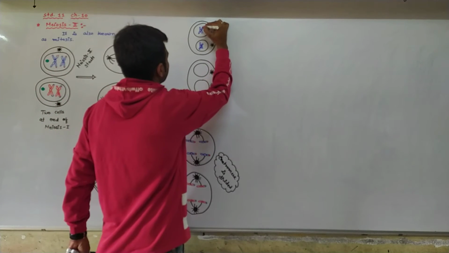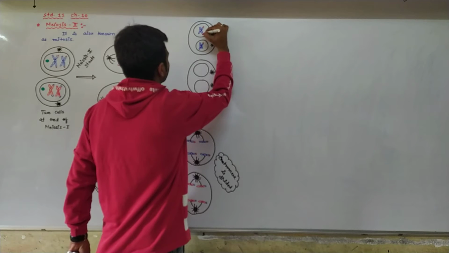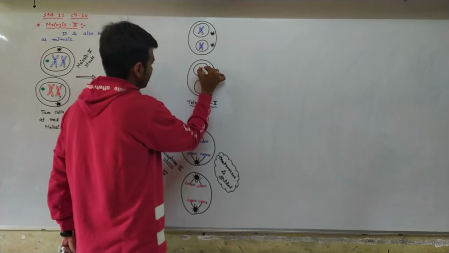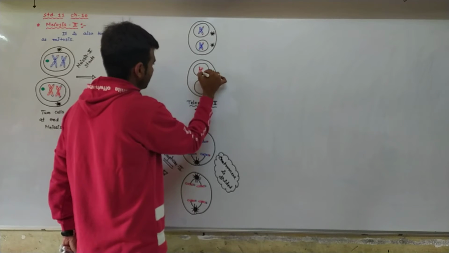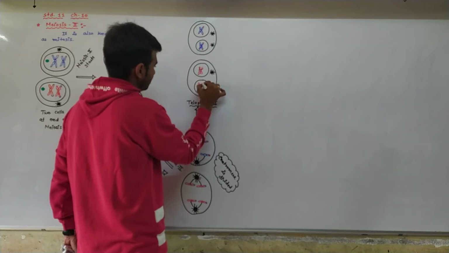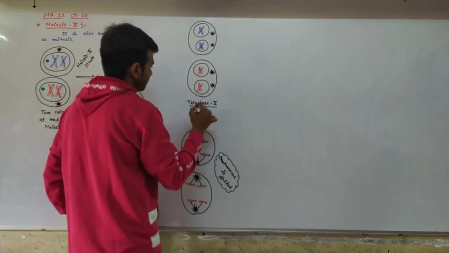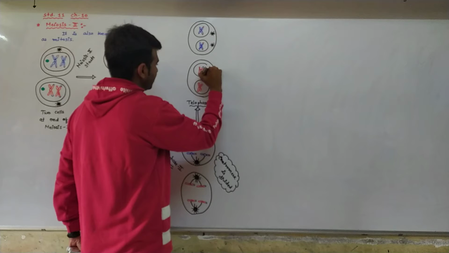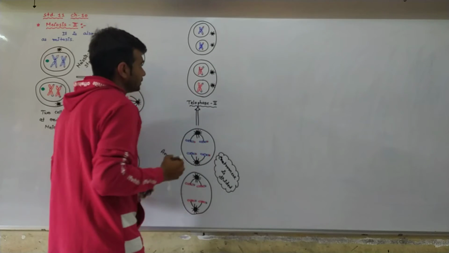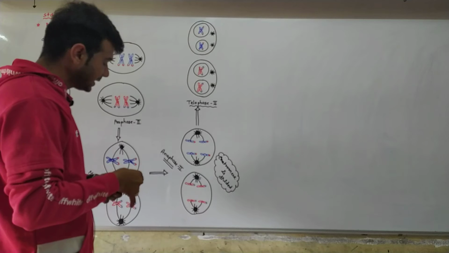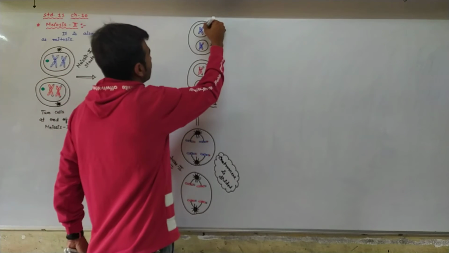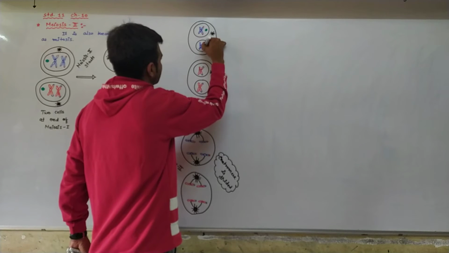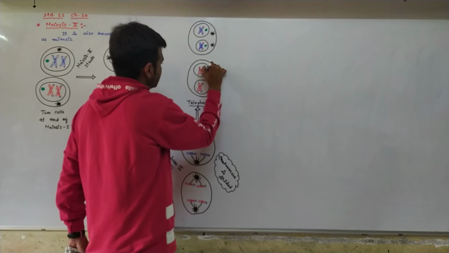Here, over there, a red dot is there, and here similar to it. Over this, a blue fragment is there, and as you know, the centriole, the nucleolus is there.